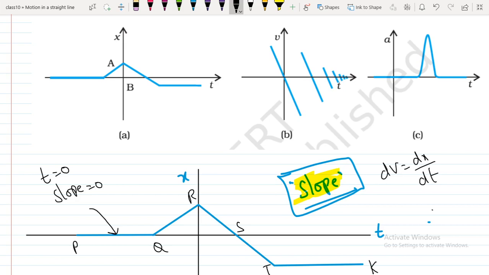Slope means velocity, and at time 0 the distance is also 0. So the PQ portion gives that the object is at rest, and it's a straight line. So finally I understand that this is at rest.